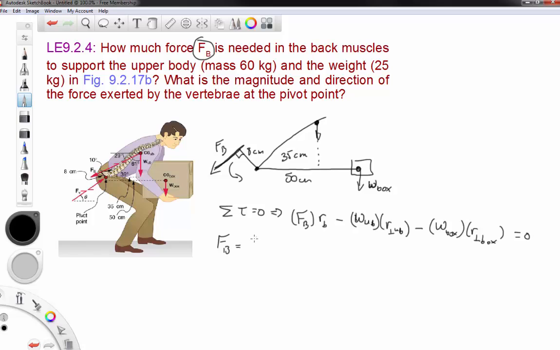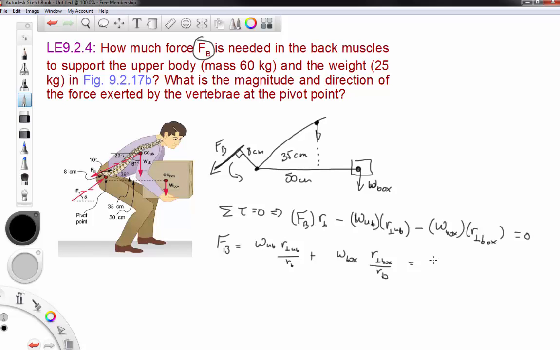Therefore, the force exerted by the back must be the weight of the upper body times the radius for the upper body over the radius to the back, plus the weight of the box times the radius for the box over the radius for the back. And so that is going to be given by mass times the gravitational acceleration times each of these radii in turn.